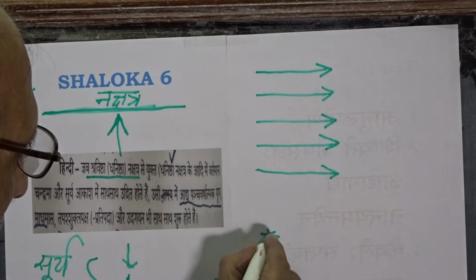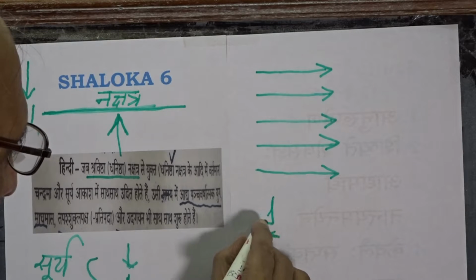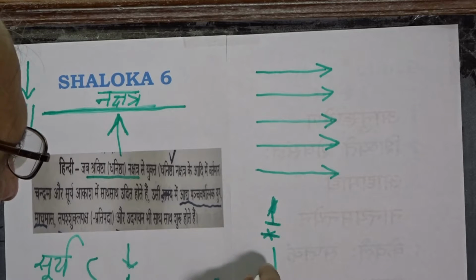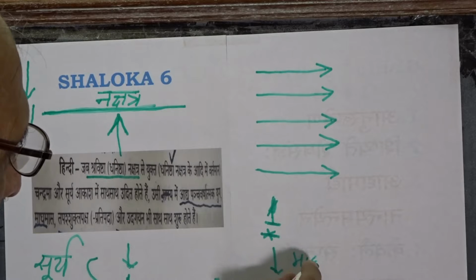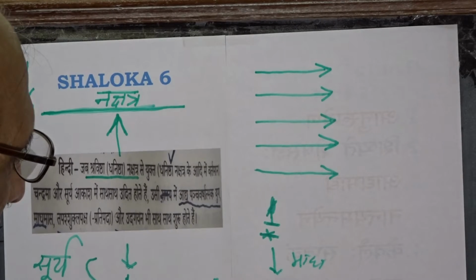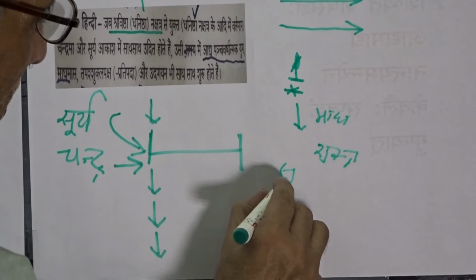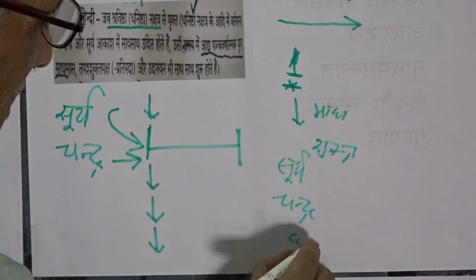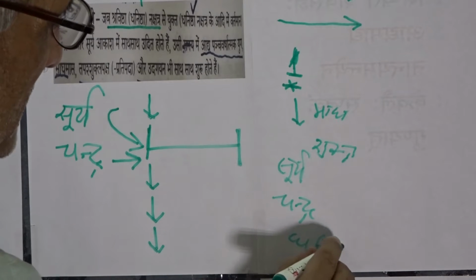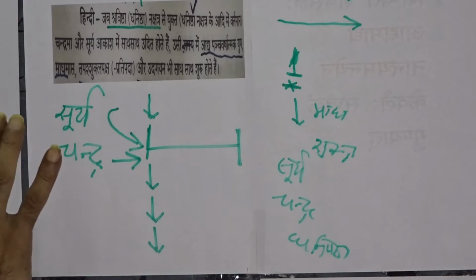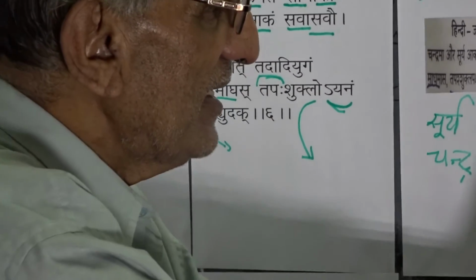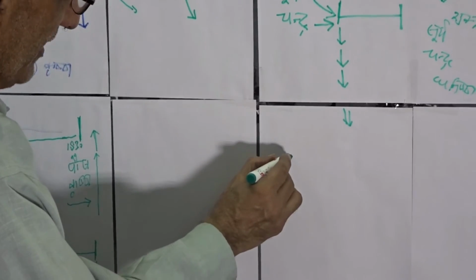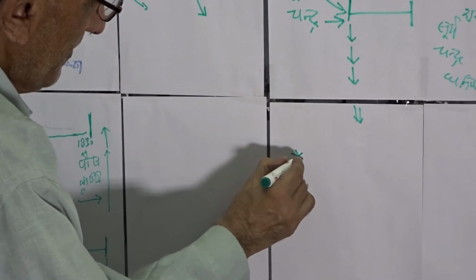So this beginning point, the date 1, the initiation date, is going to be of a Magh month. It is going to be of a Shukla Paksh, and it is going to be the beginning of the Surya Uday. It is going to be of a Chandra Uday, and it is going to be of Ghanishta Nakshatra. See, all these things are simultaneously, parallelly having initiation at the same point.